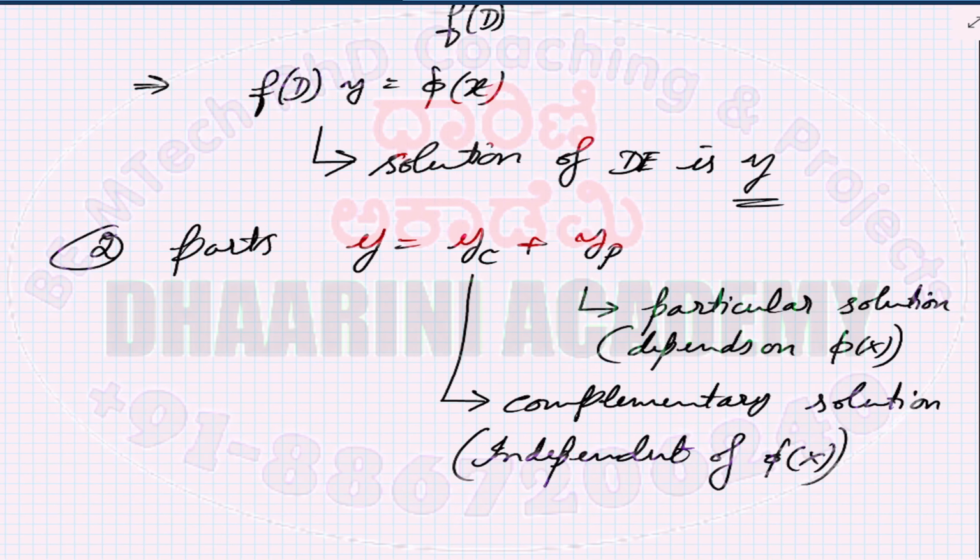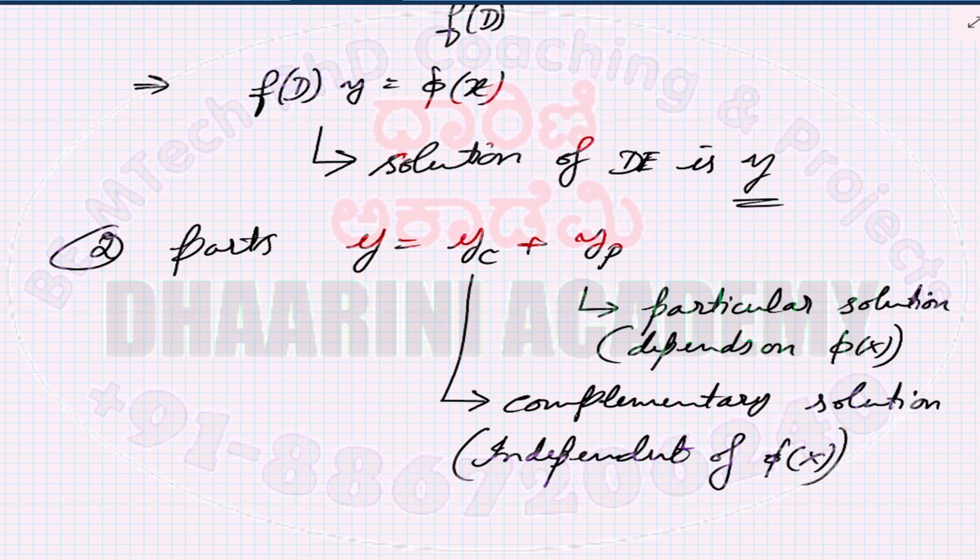So whenever any type of differential equation is given, my answer will have two parts. The two parts depend upon whether there is phi of x present or not. If it is not there, only yc I find out, that's my final answer. If there is a phi of x, I have a different approach to solve. Now what are the basic types of differential equations?